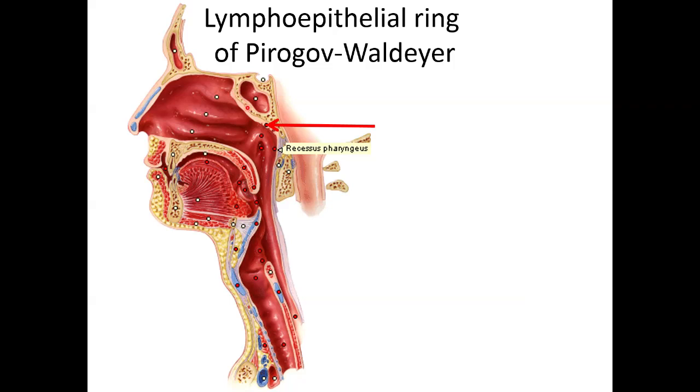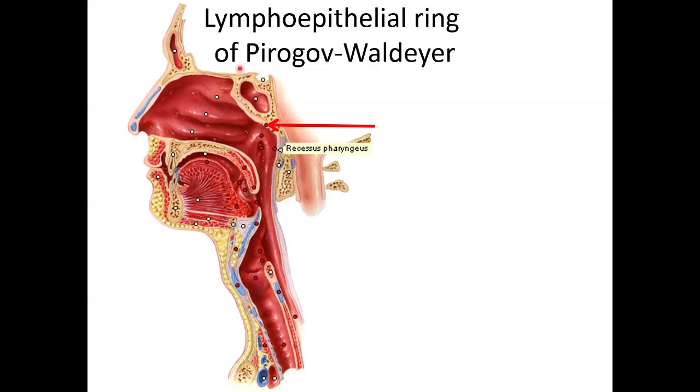It is located in the most superior part of the pharynx, at the point where the superior wall of the pharynx passes into the posterior wall.